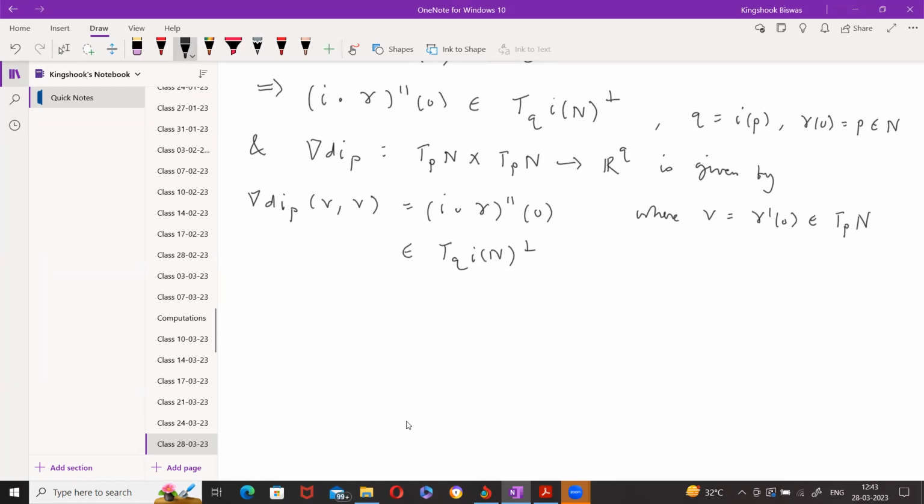So what does that tell me? That tells me that the second fundamental form of I takes values in the orthogonal complement of the tangent space to I of n.